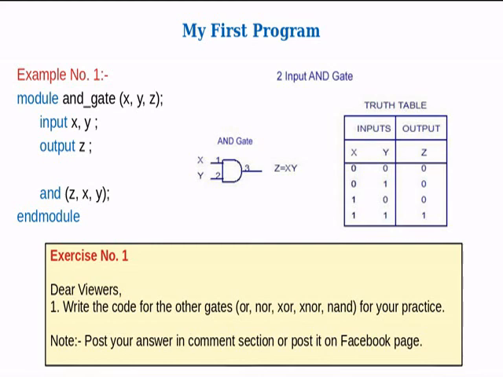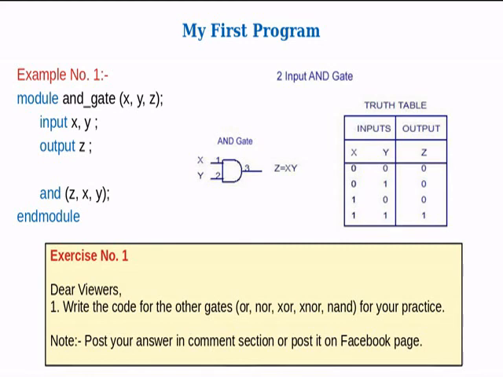X and Y are the inputs and Z is the output. After the port list with the module name, we have to describe what are the inputs and what is the output. So X and Y are the inputs and Z is the output.